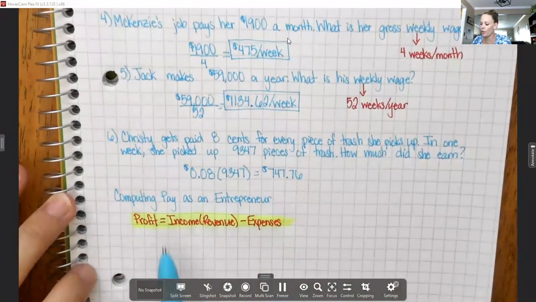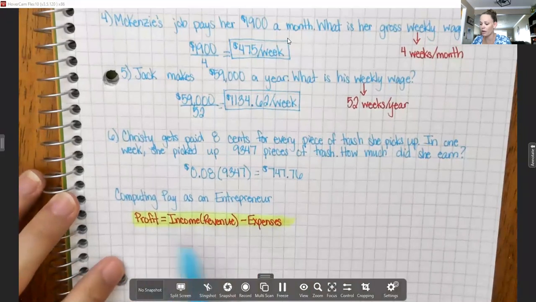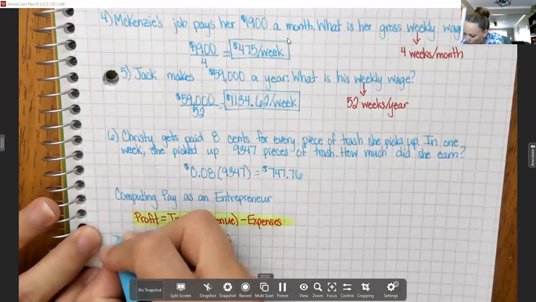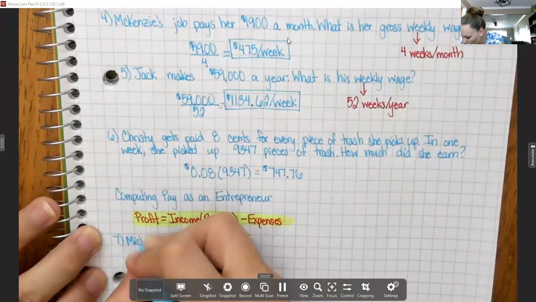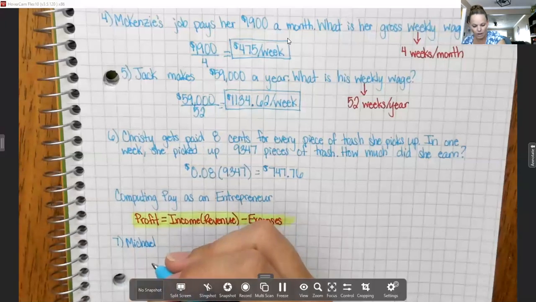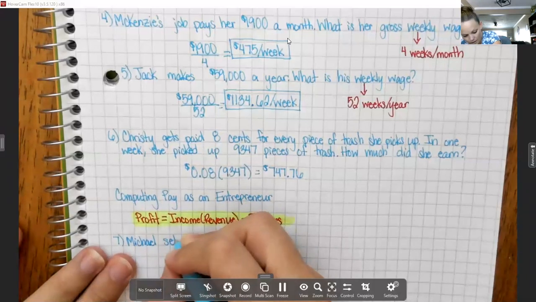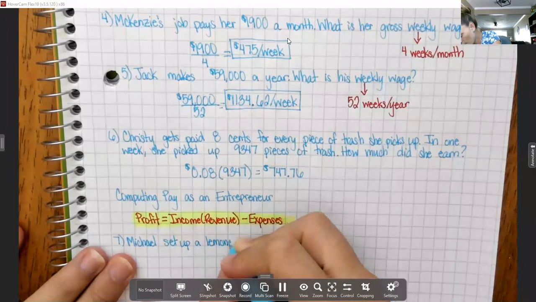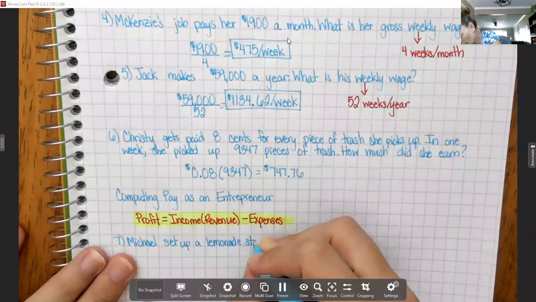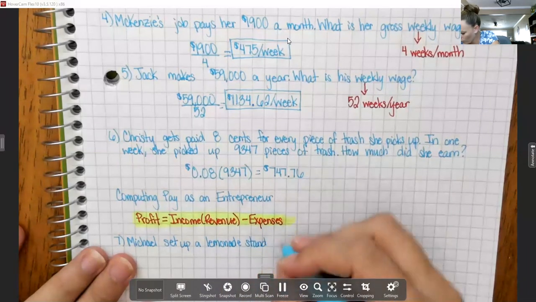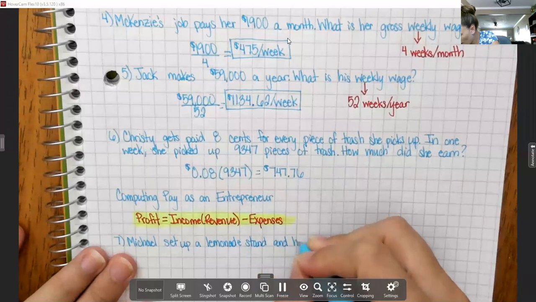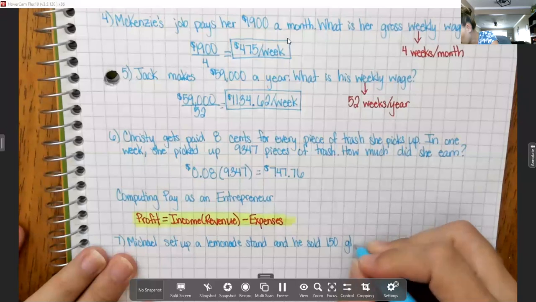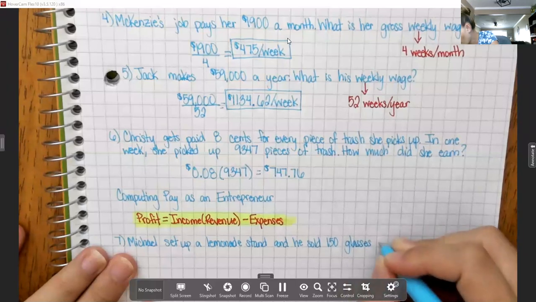So as an entrepreneur, to figure out your profit, how much you make, you have to take your income and subtract your expenses. So here, Michael set up a lemonade stand. And he sold 150 glasses of lemonade.